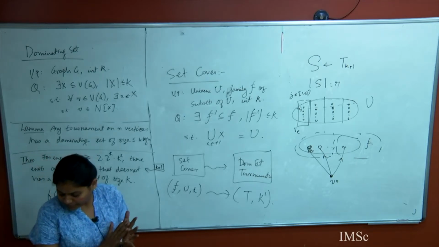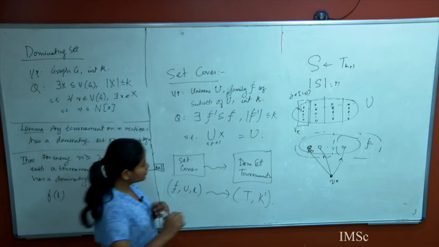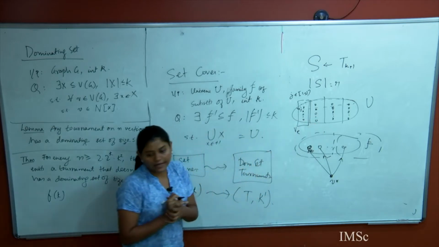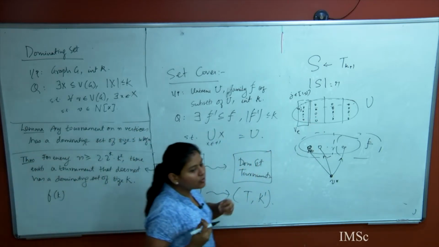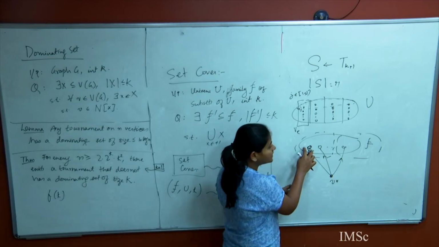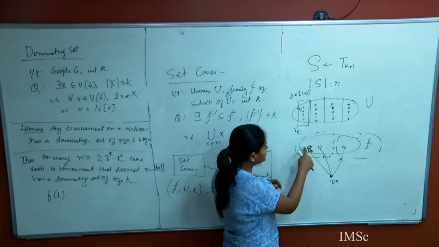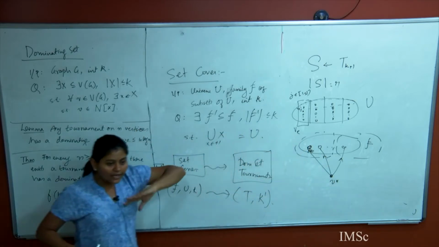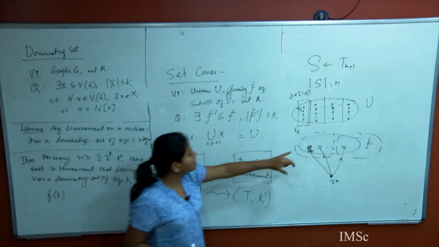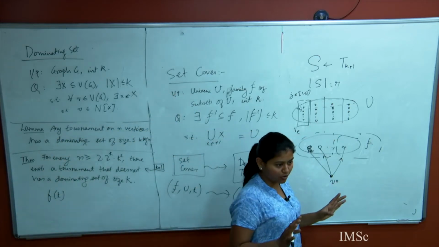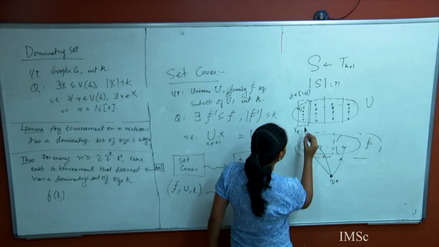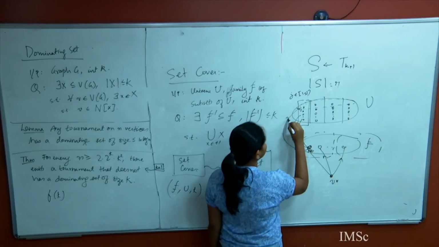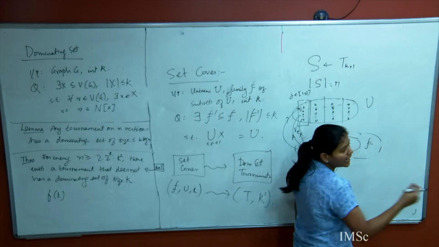So let us look at any such set and look at the elements that it contains. Okay. So notice that if I select a set in my set cover instance and I select the corresponding vertex, then whatever elements it is covering in the universe there, it should be dominating here if I want some correspondence. So what I do is, suppose it contained this element, I add an edge to the vertex that I created corresponding to that particular element.